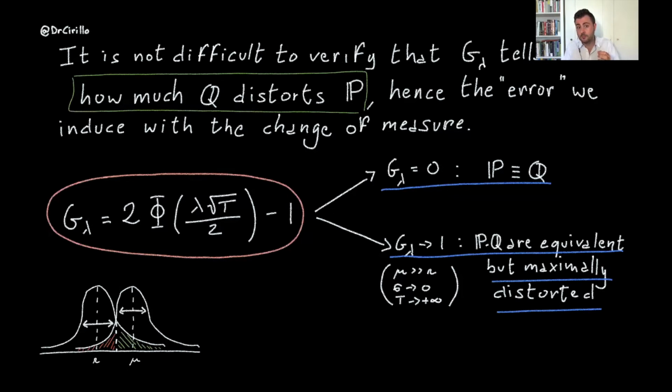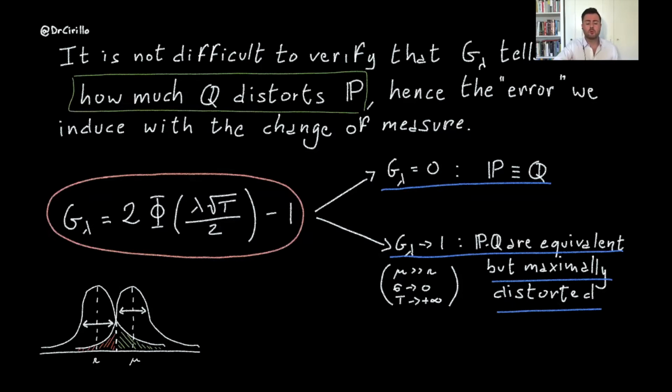But on what is possible, they can give very, very different probabilities. So the more mu is far away from R, the more our Gini index increases, tending to 1, which is the limiting case in which the two probability measures are equivalent but maximally distorted.